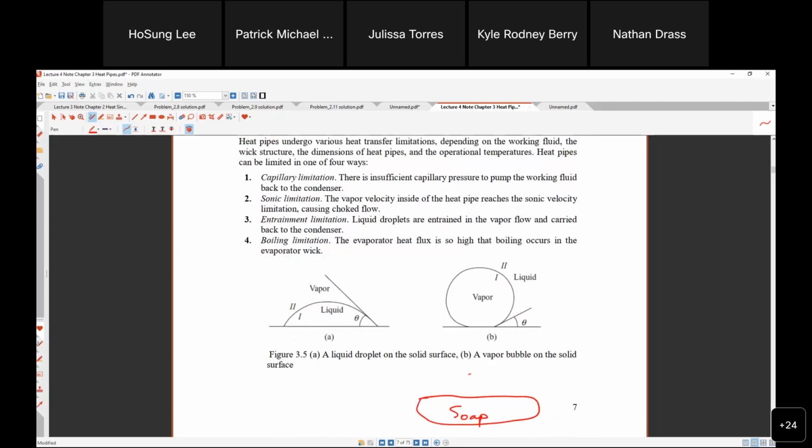Okay. So, soap. Imagine you drop a droplet of water. What do you expect the shape of a droplet on the soap to be? Just a speculation. Wetting or non-wetting?